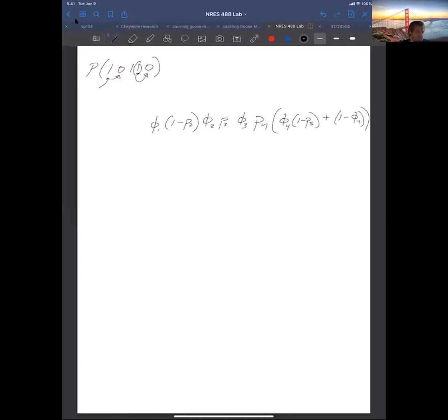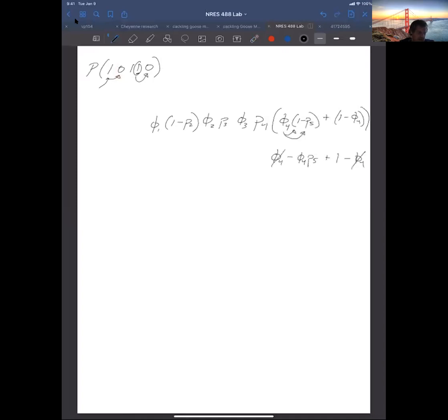Okay. Now we can simplify this by multiplying this through and then adding and subtracting, so we get phi 4 minus phi 4 p5 plus 1 minus phi 4.